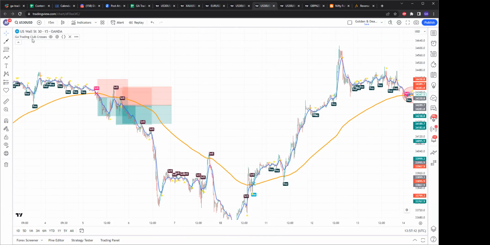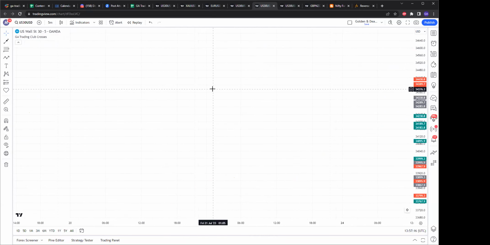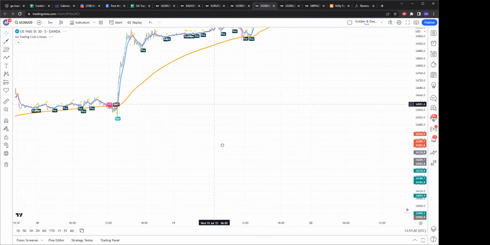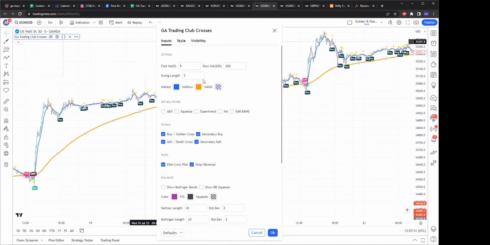So for example, I wouldn't be taking 3% risk with golden crosses and death crosses on the 5-minute time frame. The reason for that is golden crosses and death crosses on the 5-minute come up literally every hour or so. So I really don't want to be risking. So let me go ahead and turn off the secondary buys and sells.